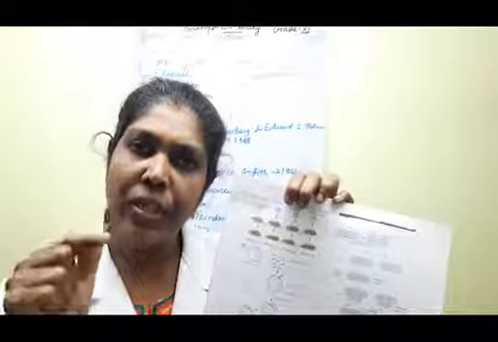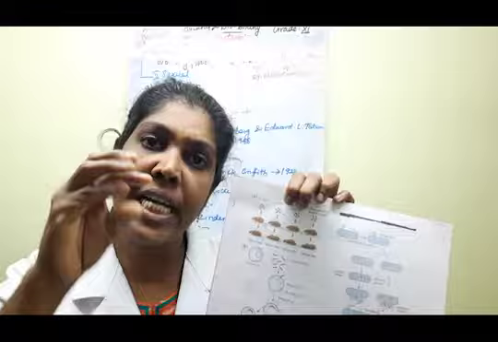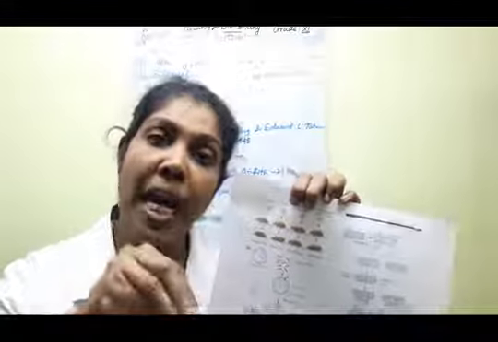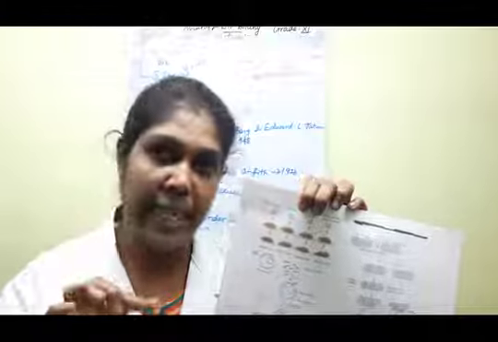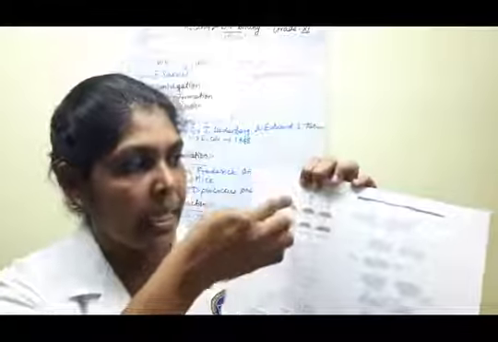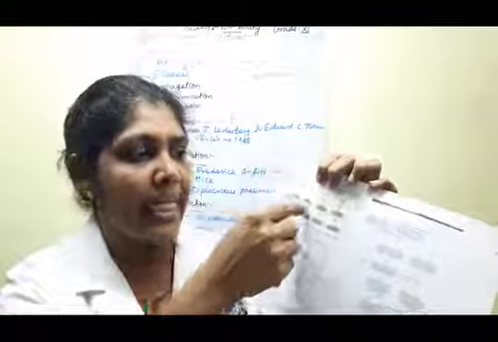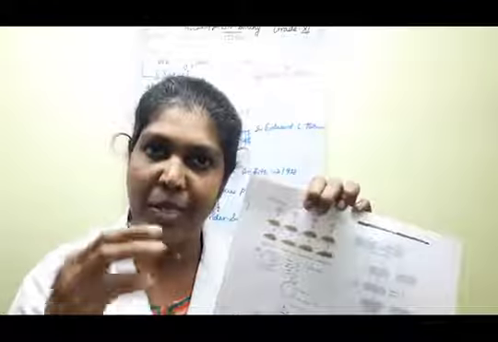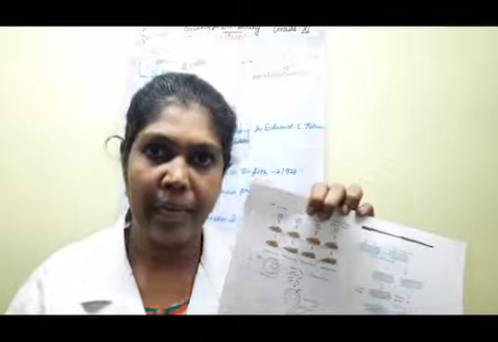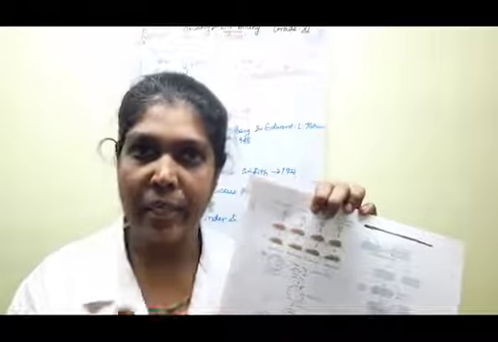The characteristic feature of the smooth strain, as I already said, is that it is virulent in nature. The R type of cells are avirulent, non-virulent in nature. Clear, children? Then the second time, the smooth type of cells are injected into the mouse. At that time, the mouse is going to die. Clear? The mouse died.